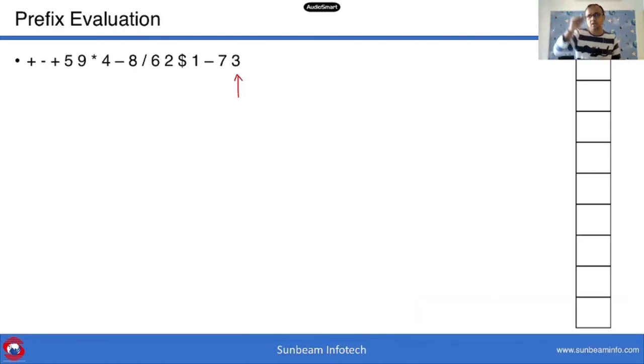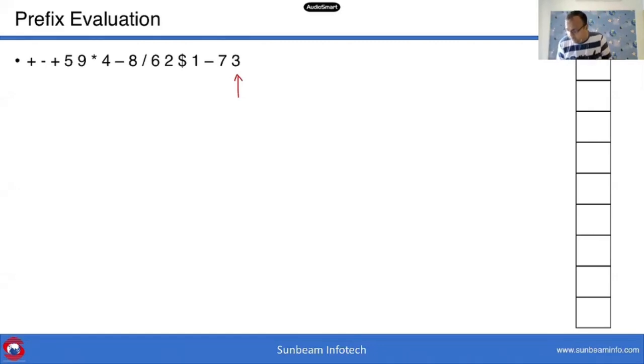If you find an operator, pop two operands, do the operation, and whatever is the result, push it back to the stack. Again you continue, get the next operand, and continue doing this. That is all you need to do.